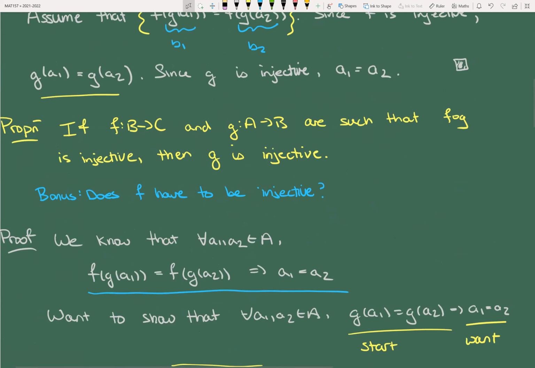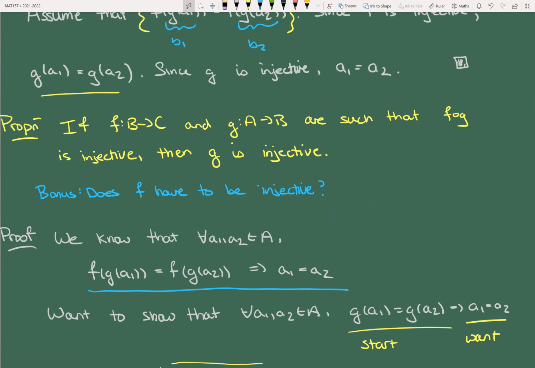Now for this one, if the composition is injective, then the inside function is injective. The thing about surjectivity is it's often dual, which means that the result doesn't hold exactly. It often holds with a small twist. If you want to change this result to surjectivity, then it goes like this. If F composed G is surjective, then F is surjective.